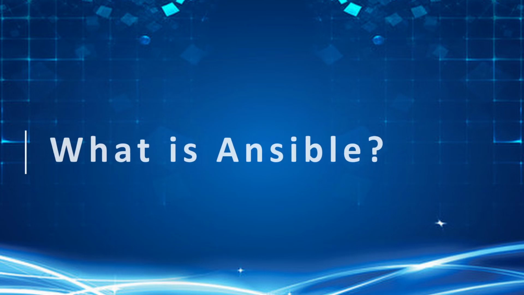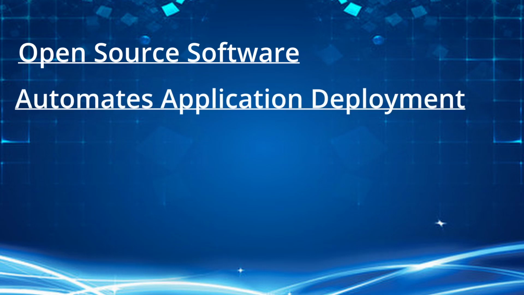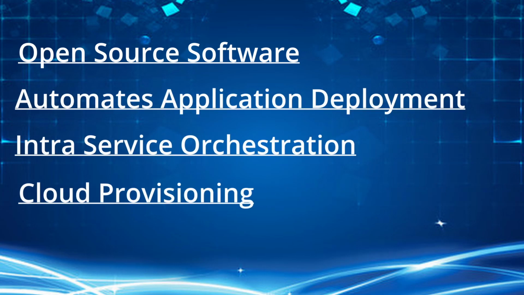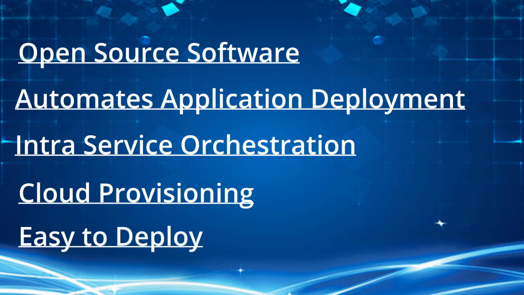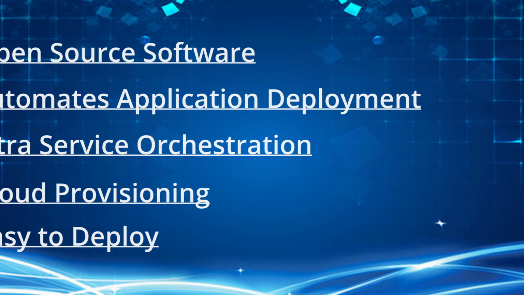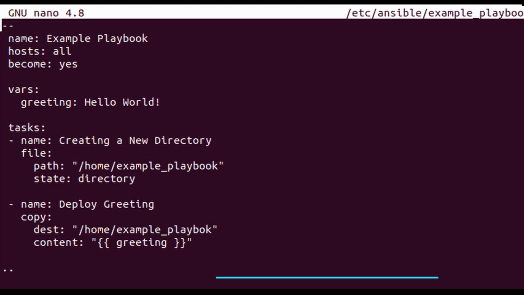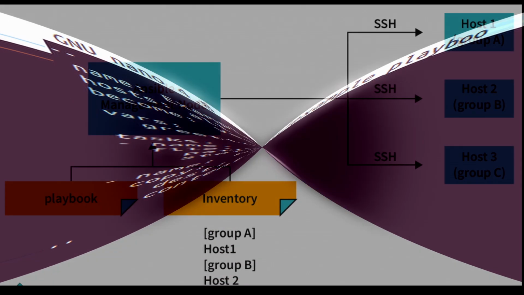What is Ansible? Ansible is a simple open source IT engine which automates application deployment, intra-service orchestration, cloud provisioning, and many other IT tools. Ansible is easy to deploy because it does not use any agents or custom security infrastructure. Ansible uses Playbook to describe automation jobs, and Playbook uses a very simple language, which is YAML.